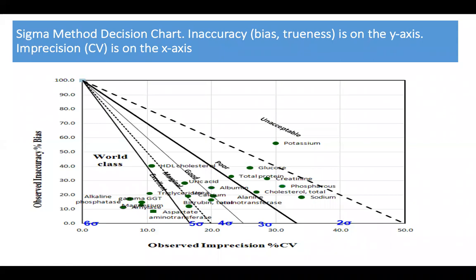Now see, on this x-axis, we have written observed imprecision, percentage CV. See, as this percentage CV is decreasing, this number is moving from the periphery towards the center.